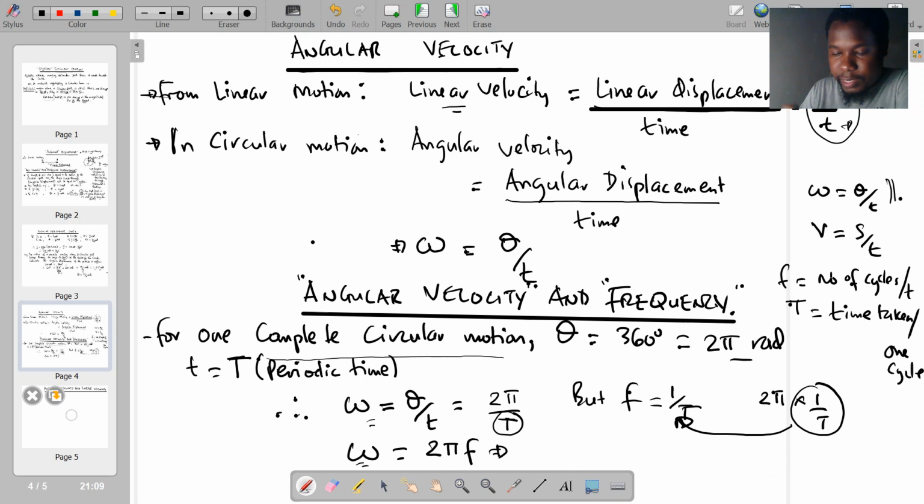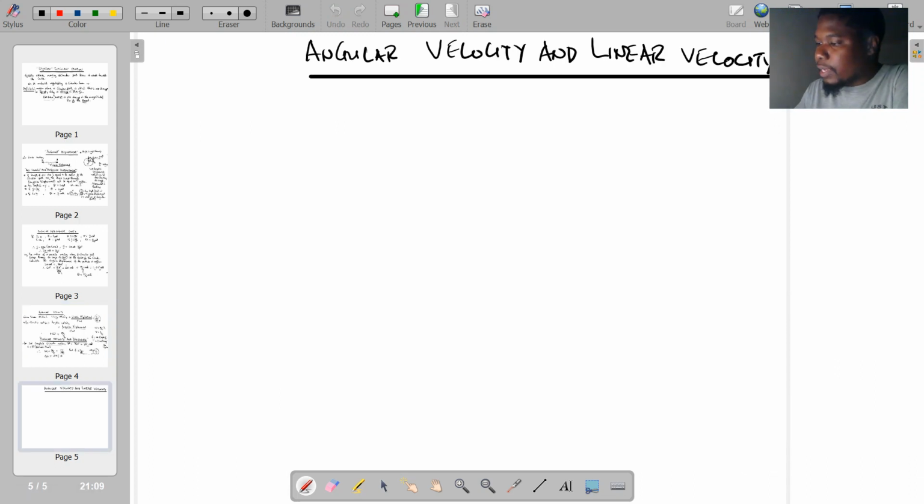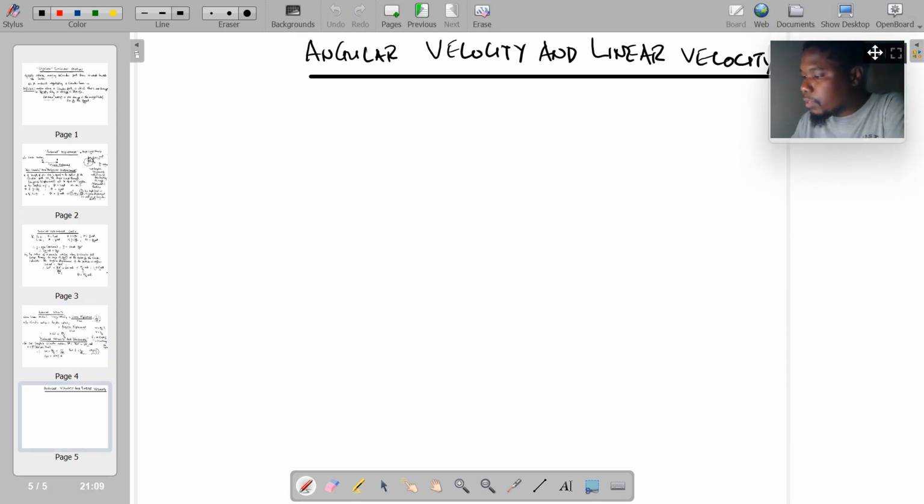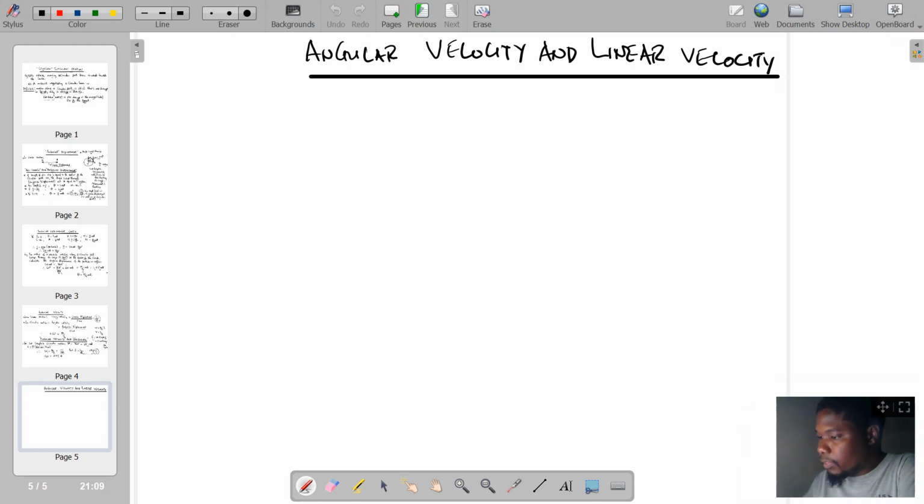Now, let's look at another concept. We want to look at the relationship between angular velocity and linear velocity. I think you remember when we're looking at arc length, let's look at arc length to begin with.